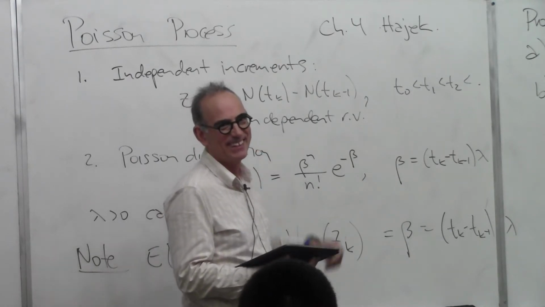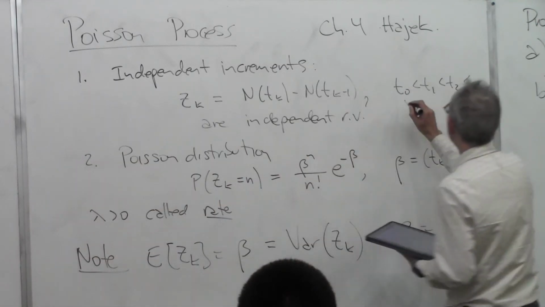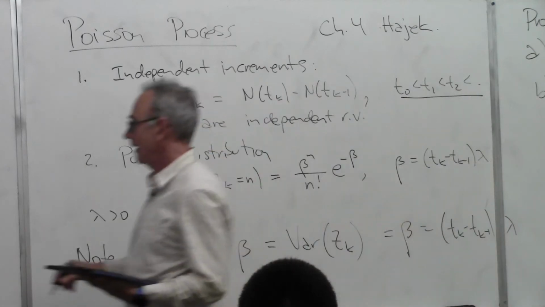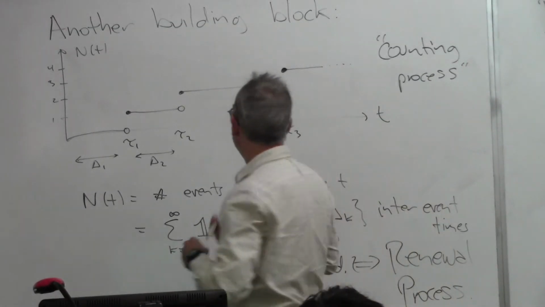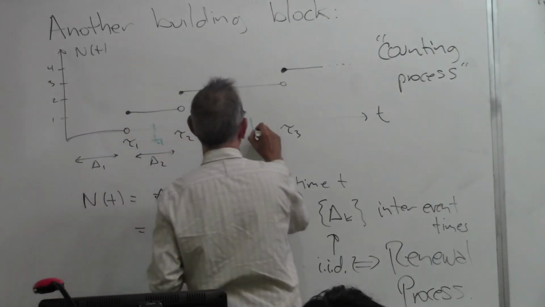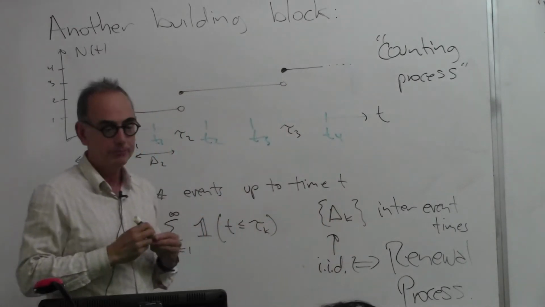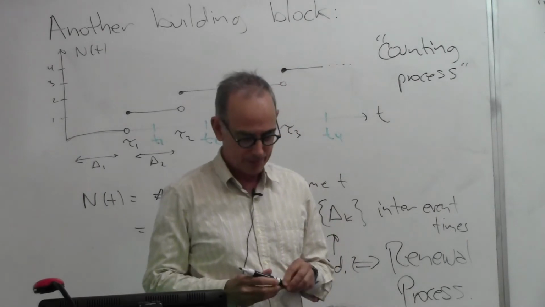These are for any numbers. So this could be t1 and t2 and t3 and t4. Those are numbers I just throw down there.